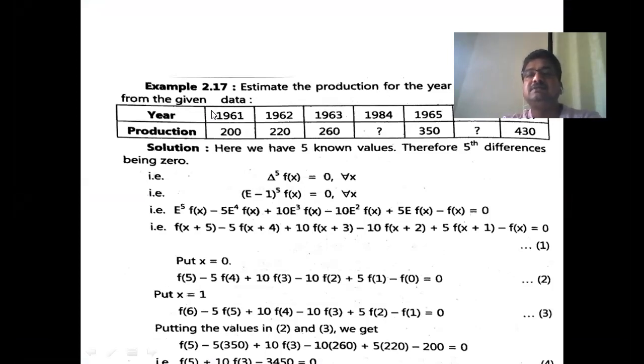That is, two terms are missing. These two terms, 1964 and 1966, are missing. So we have the year and the production.